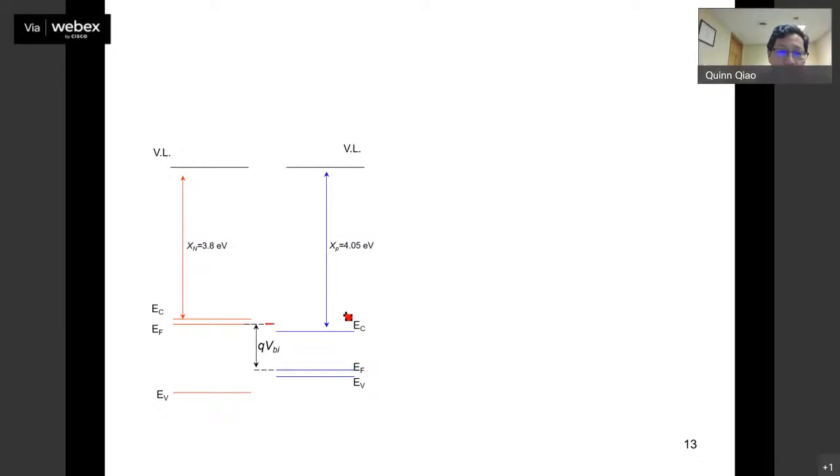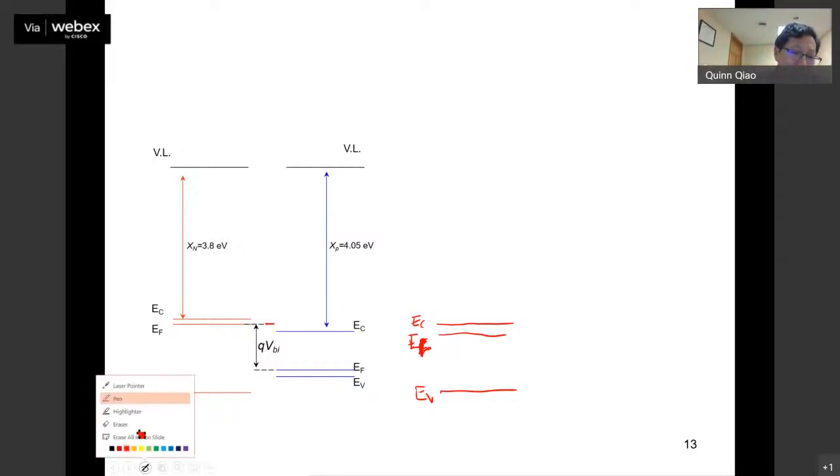I'm going to plot the left side, which is the same, right? On the left side I have EC, EF, EV. On the right side, since the Fermi levels will be aligned with each other, right?